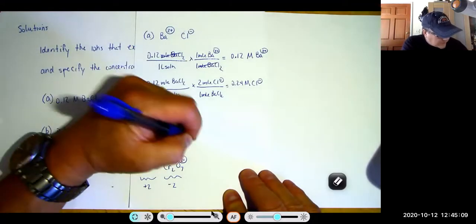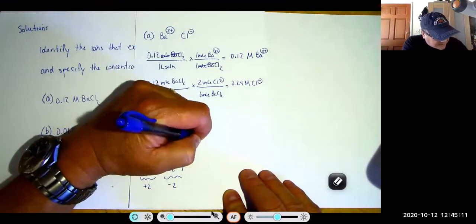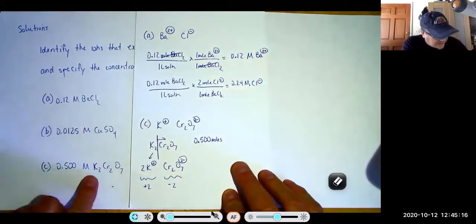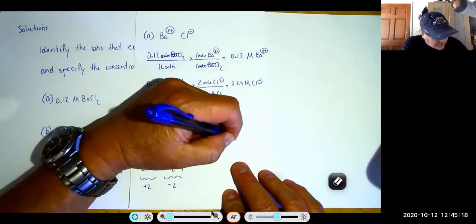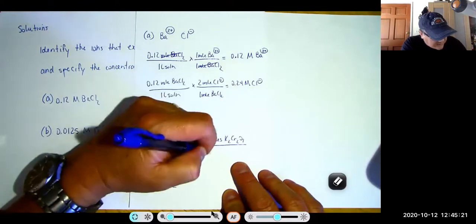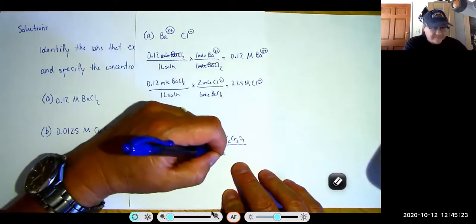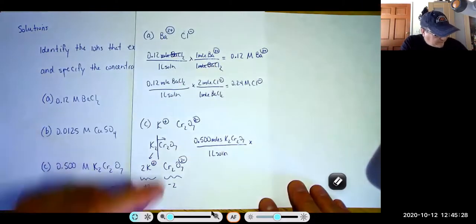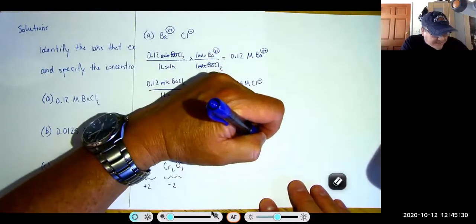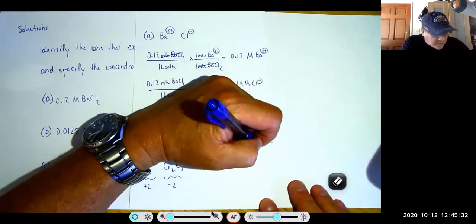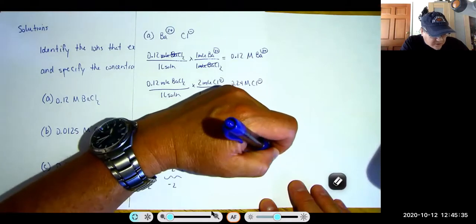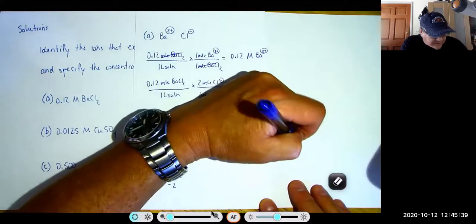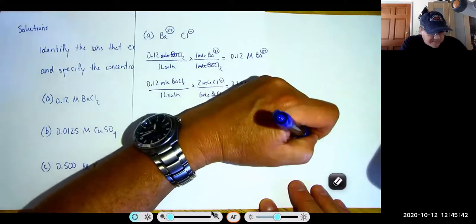So we would start off with 0.500 moles of K2Cr2O7 per 1 liter of solution. We would multiply by 2 moles of potassium per 1 mole of K2Cr2O7, and we would end up with 1.00 molar potassium.